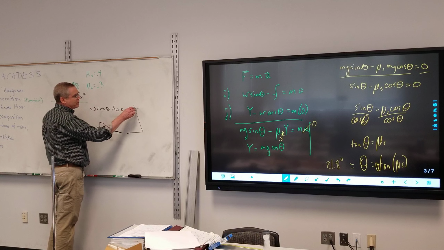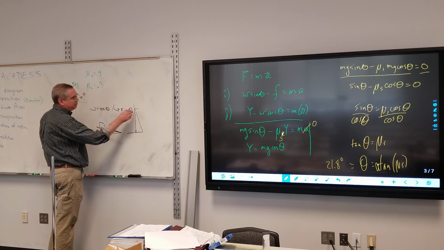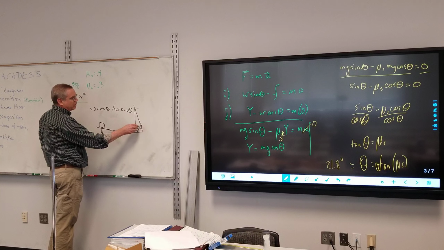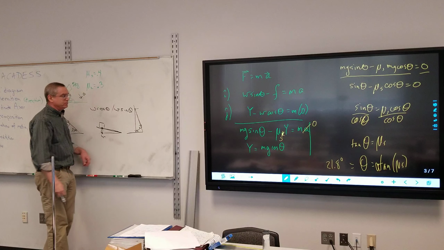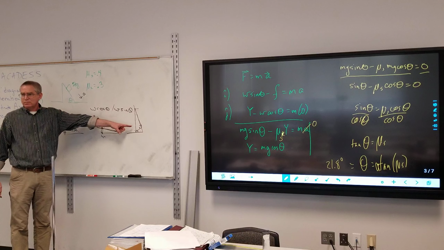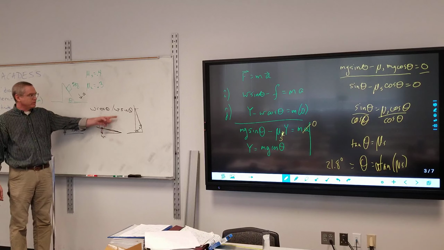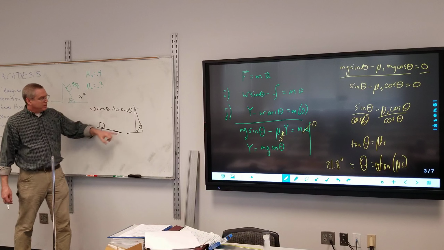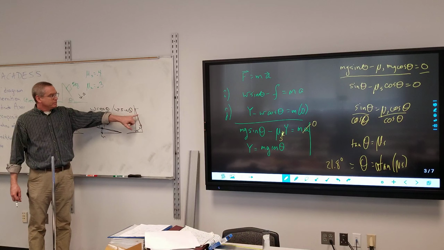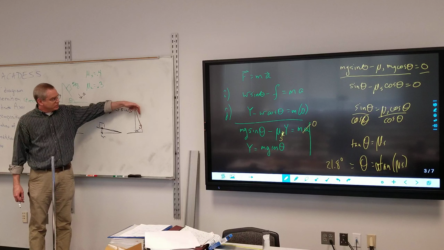Over here, if I have weight that I'm breaking up, I'm going down the ramp and into the ramp. That's a right angle. Now, down the ramp's the bigger one. And in both cases, if I'm under 45 degrees, sine is smaller than cosine. If I'm more than 45 degrees, sine is bigger than cosine. Either case, sine is down the ramp.